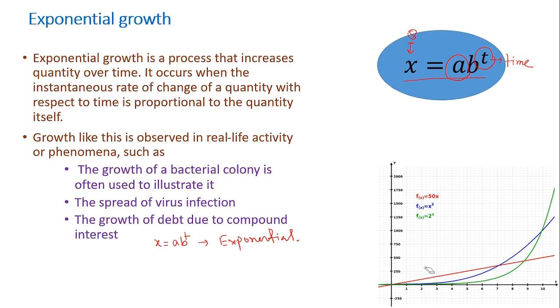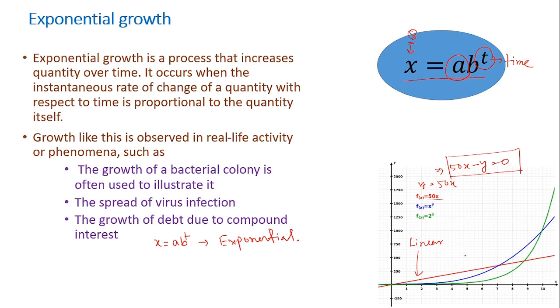Clearly the red curve represents linear growth. Why do we call this linear growth? Because this expression is represented by f of x equals 50x. That means y equals 50x, and we can say 50x minus y equals 0. That means this is the equation of a straight line which passes through the origin.